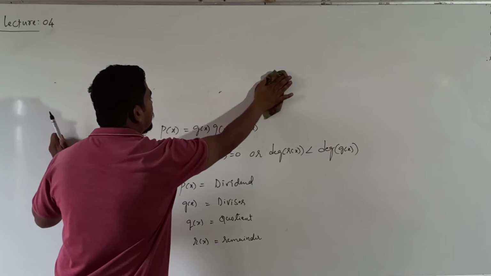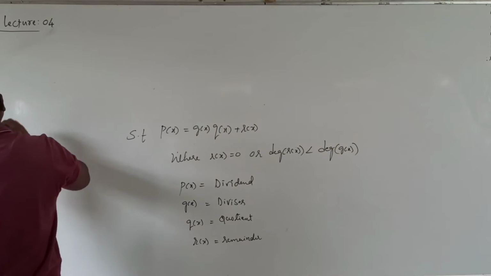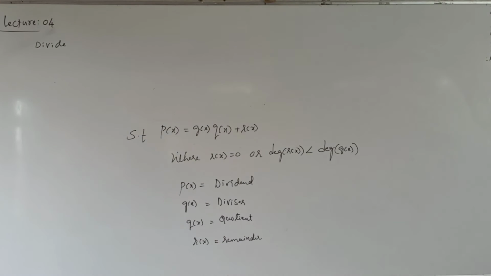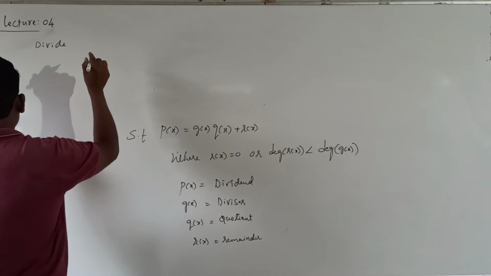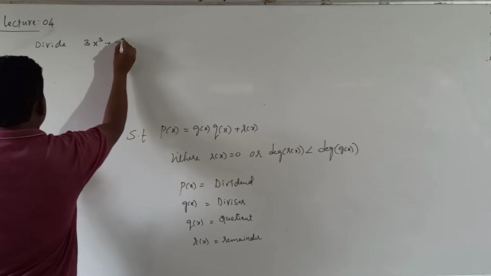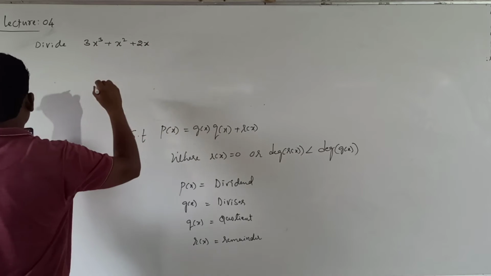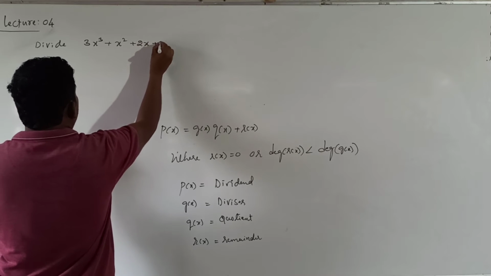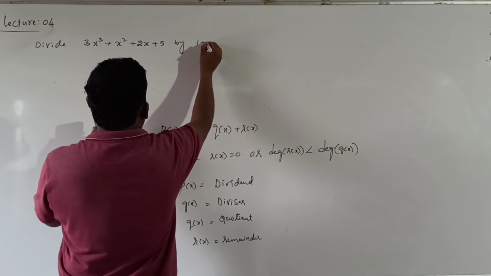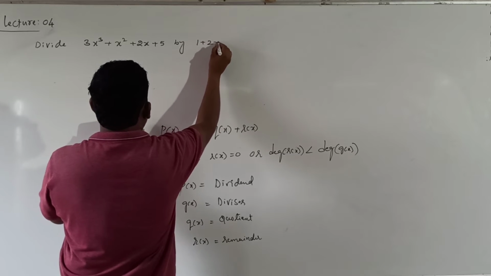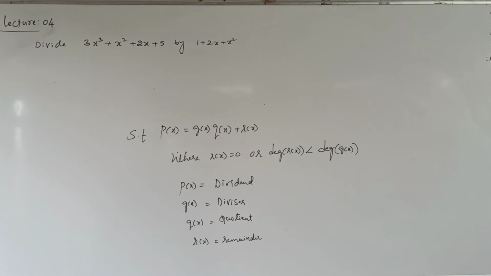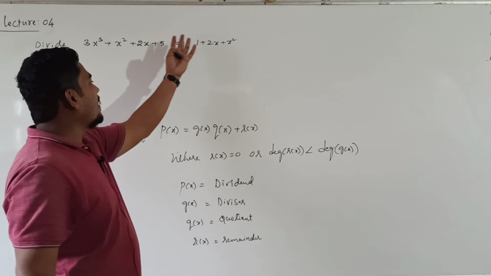Next, problem. Divide 3x cube plus x square plus 2x plus 5 by 1 plus 2x plus x square, or else x square plus 2x plus 1, both are one and the same. Divide this polynomial by this polynomial.